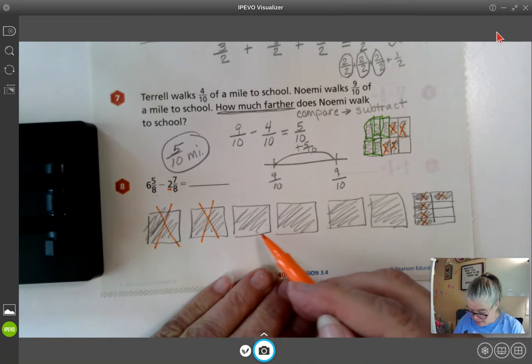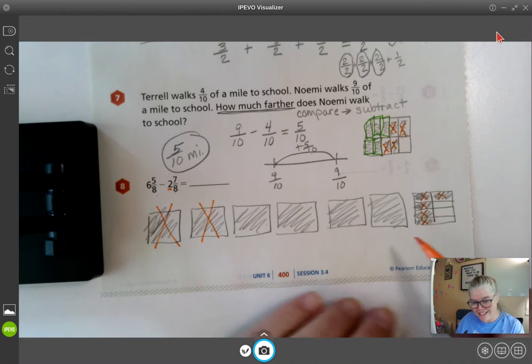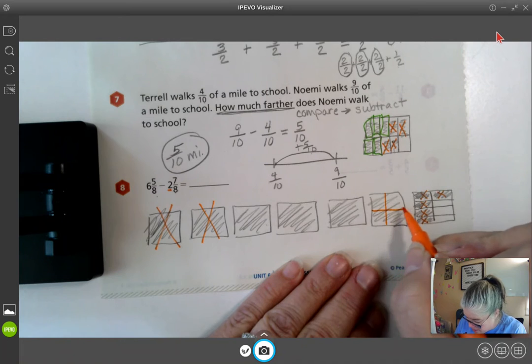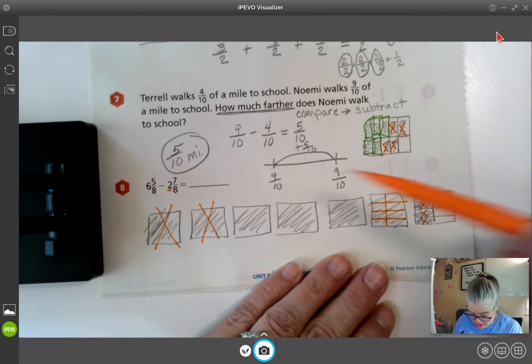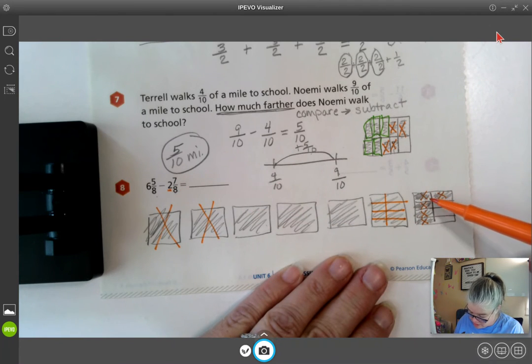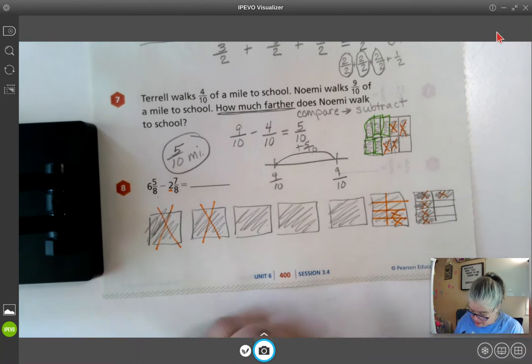I can break any one of these whole pieces apart into 8ths and then take some 8ths away. So let's see. I already took away 5 of the 7/8 that I need to take away, right? 1/8, 2/8, 3/8, 4/8, 5/8, 6/8, 7/8.